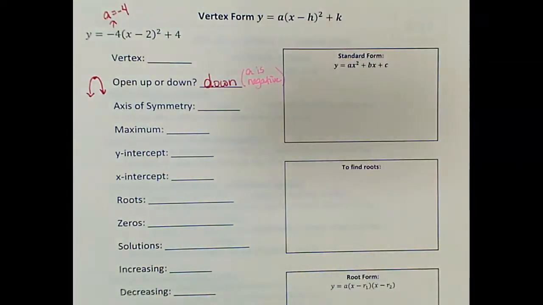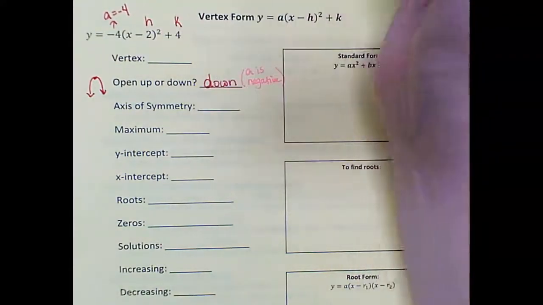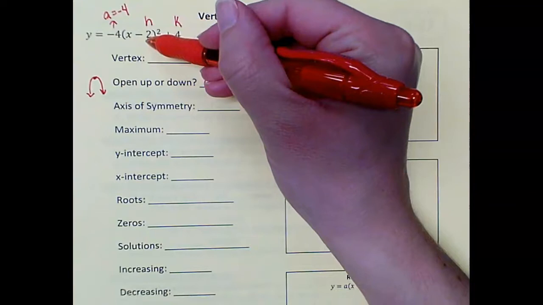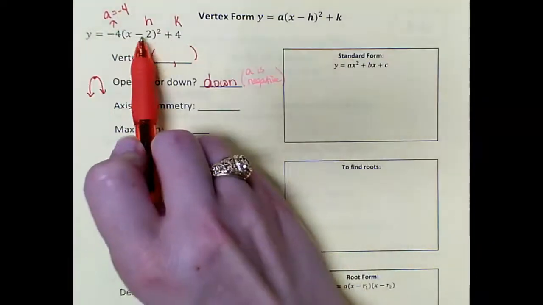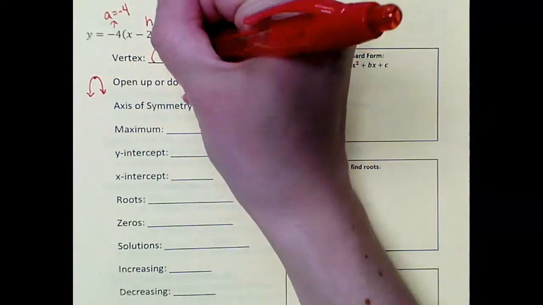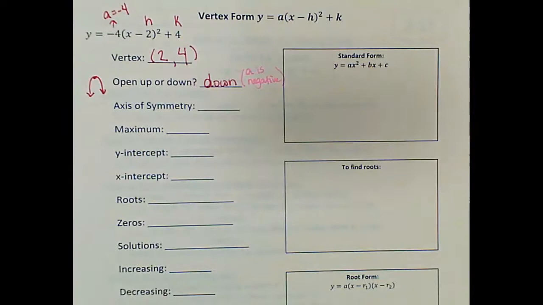What about the vertex? Remember, the vertex is the h and the k. And also remember, everything in parentheses is a lie. So instead of writing my h value as -2, it's actually +2. And my k value is 4. So there's the vertex. I'd like to find the axis of symmetry.